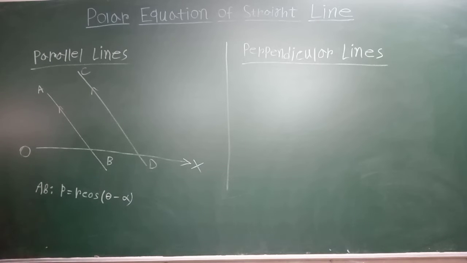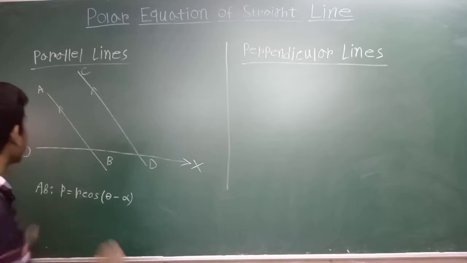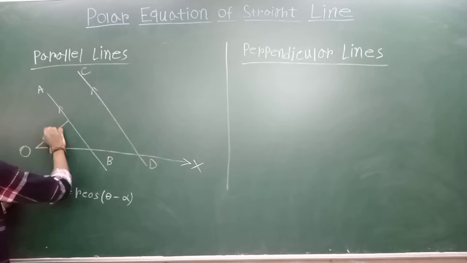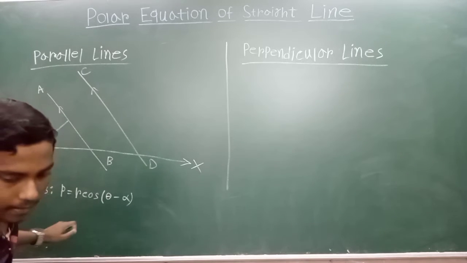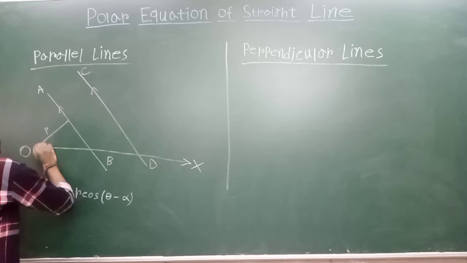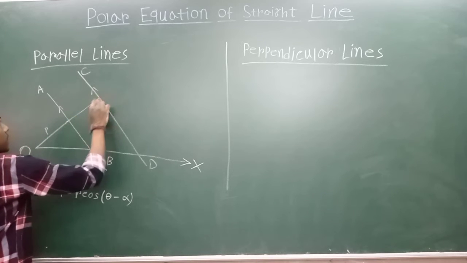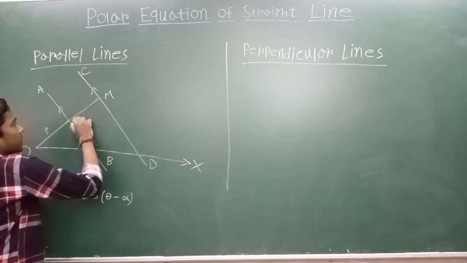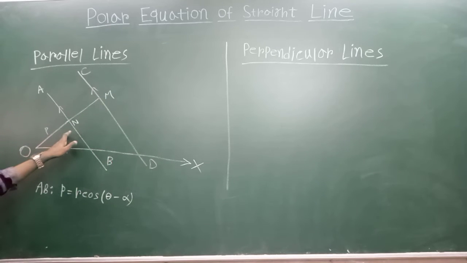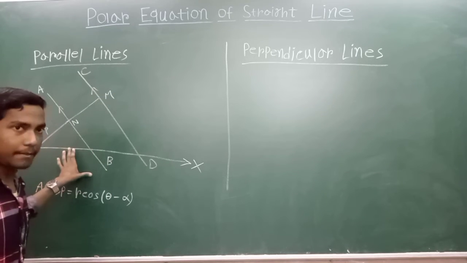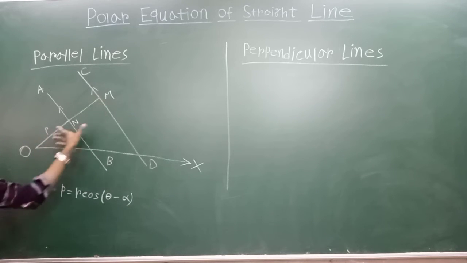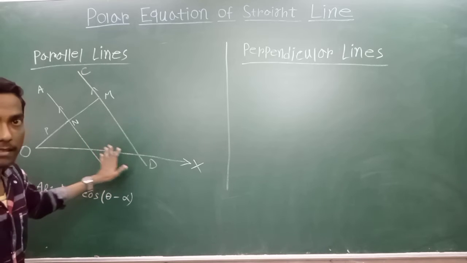Okay, now we know that this distance is p units, and say this is the distance of CD, this is point M and this is point N. Now we know ON is the distance of line AB from the origin, so this is p units, and this distance OM is the distance of line CD from the pole.